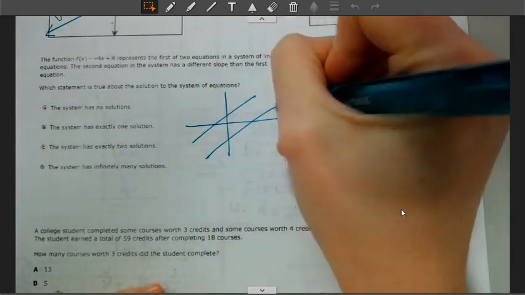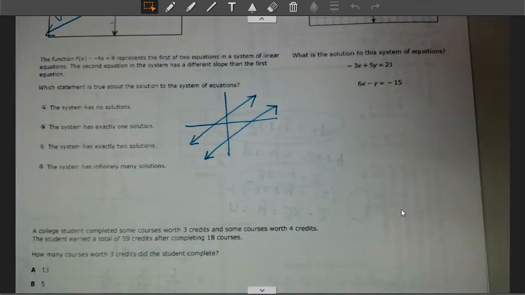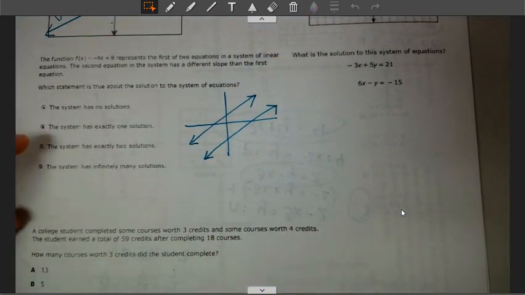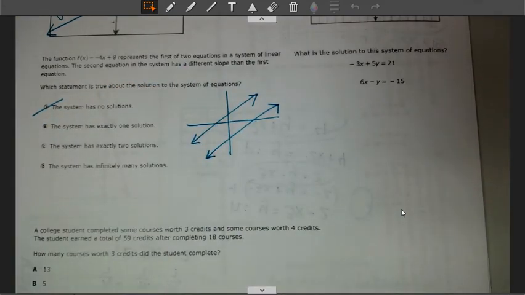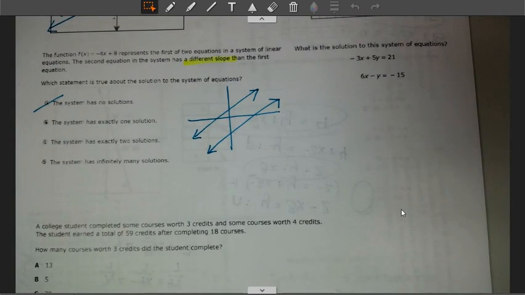So example of the graph where we have no solution, we have parallel lines because they're never going to intersect. Well, parallel lines have the same slope. So I cannot have no solutions because it would have to have the same slope. And this told me we have a different slope. Okay, so they can't be parallel.